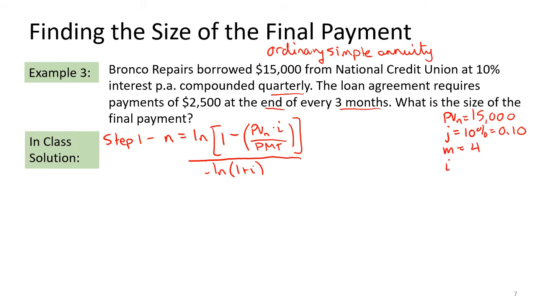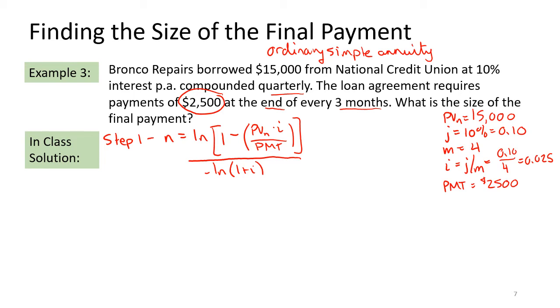So this gives a periodic interest rate, I, which is J divided by M, of 0.10 divided by 4, or 0.025. And lastly, their payments are $2,500. Okay. You'll see this a lot when you have very even payment numbers as opposed to our previous questions, which are always payments with decimals, right? And that's because you have an equal number of payments.